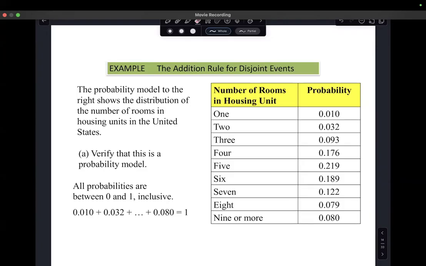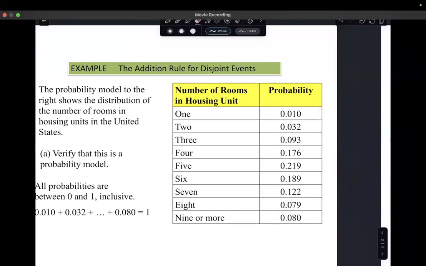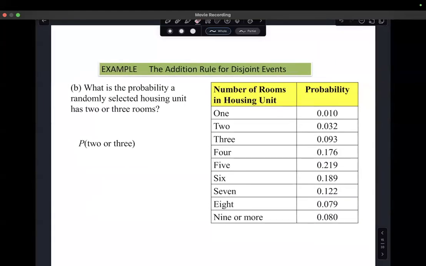Okay, so all the probabilities have to be between 0 and 1. They are. And trust me, all of these add up to 100%. This is a probability model. So that's the first thing that we want to do. We want to know the probability of randomly choosing a two-room apartment or a three-room apartment.